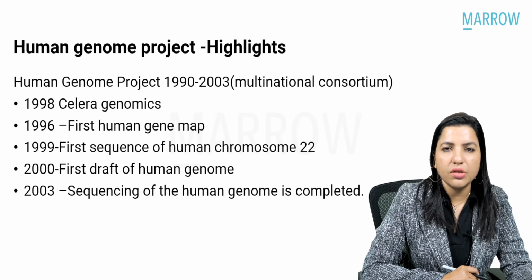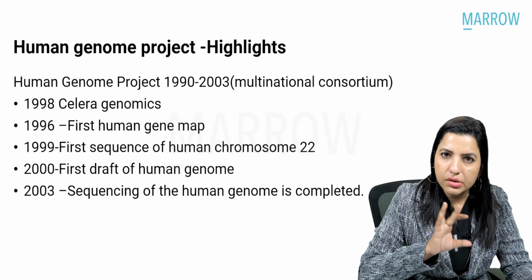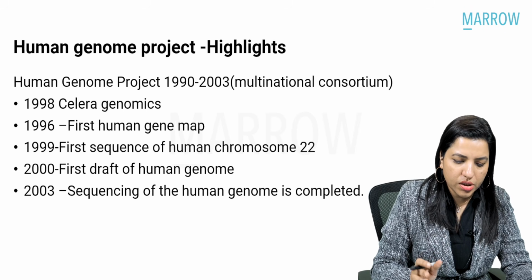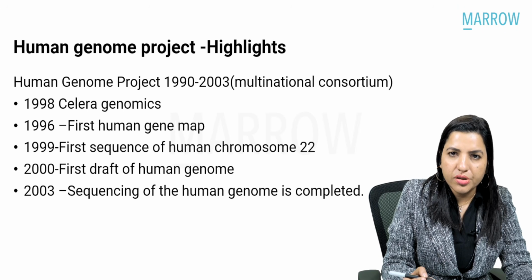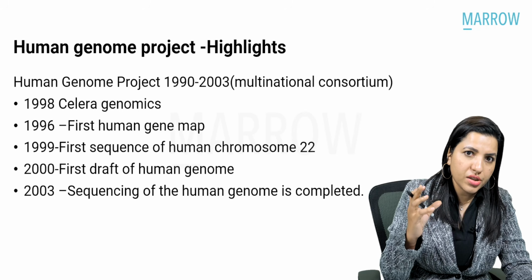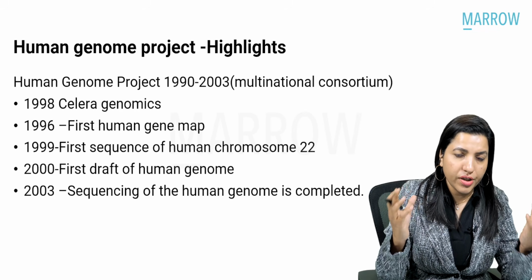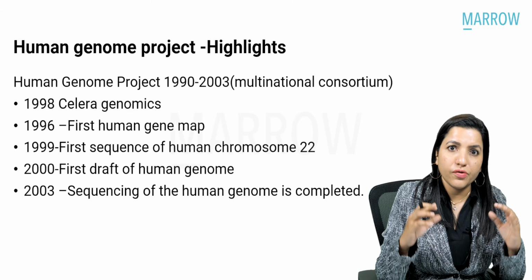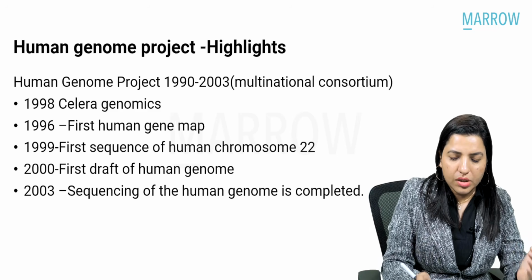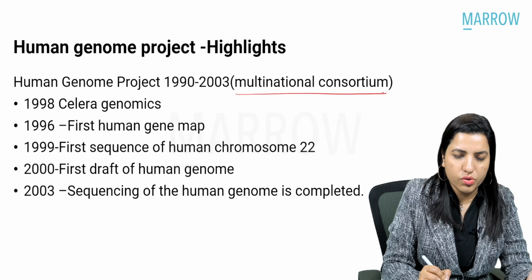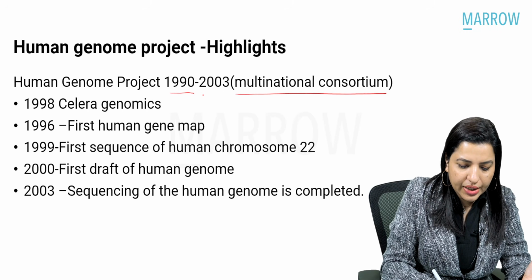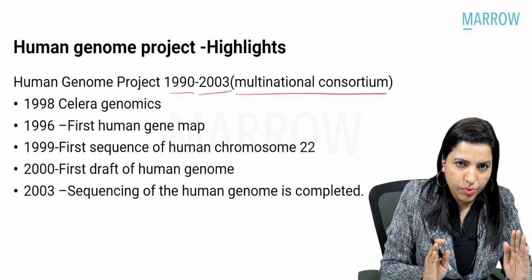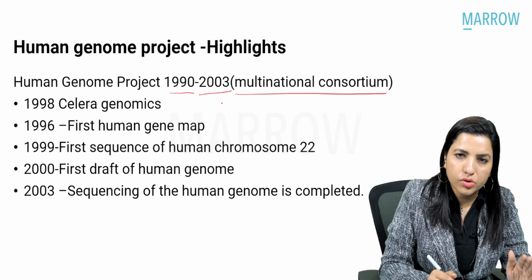So when I searched, here are some of the highlights of the Human Genome Project. It is a multinational consortium-led project, done with international collaboration from different nations. It started around 1990, and the first Human Genome Project was declared to be ended in 2003.